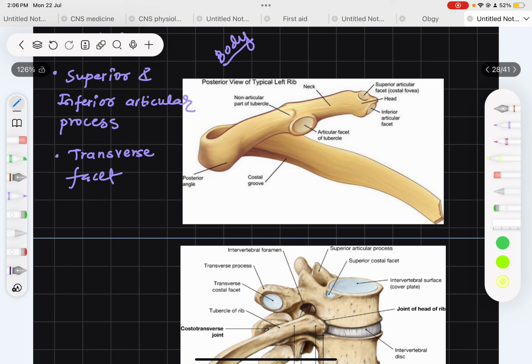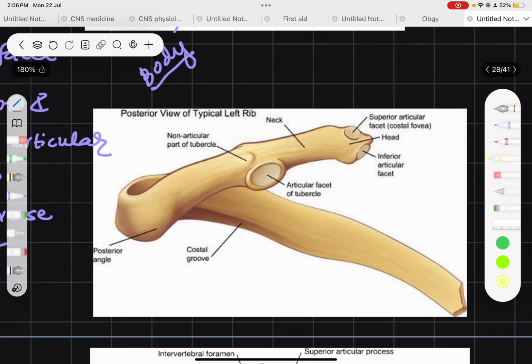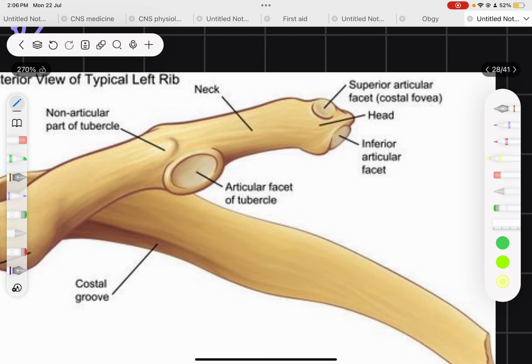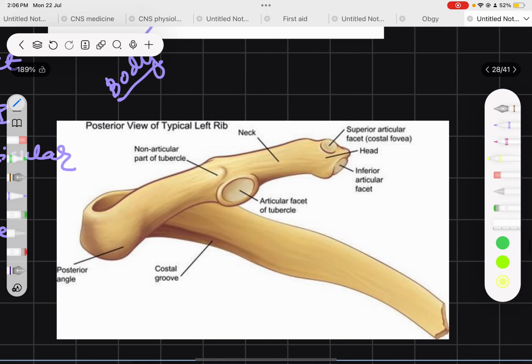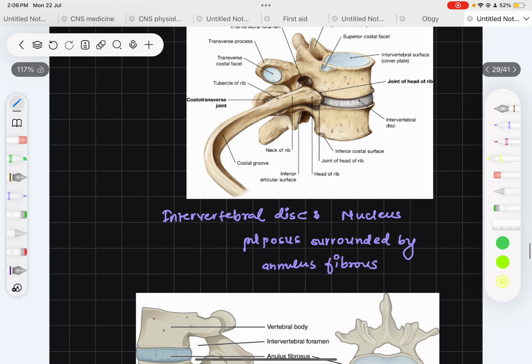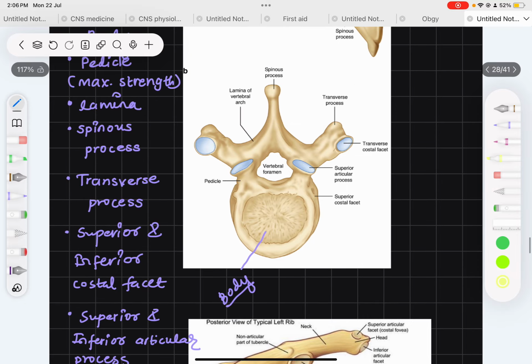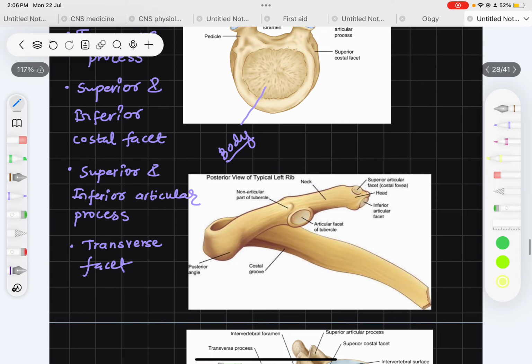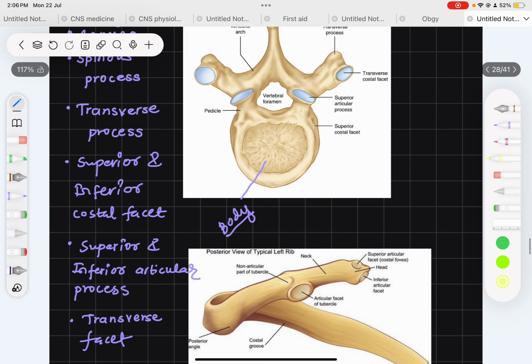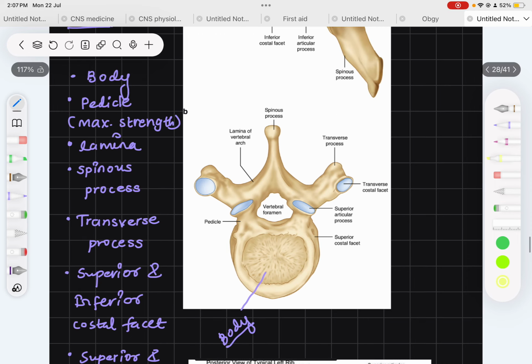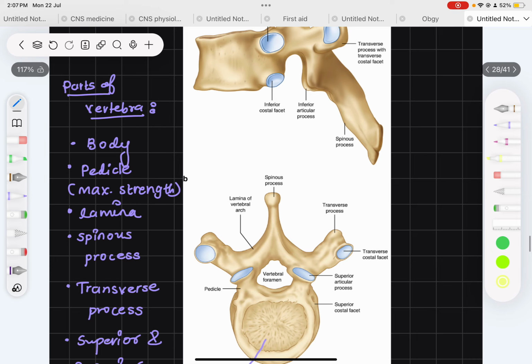As we can see, the transverse process will articulate with the articular facet of the tubercle, and the superior and inferior costal facets will articulate with the inferior articular facet and superior articular facet respectively. So this is the anatomy of the vertebra and how it articulates with the rib and the upper and lower vertebrae, helping in the formation of the rib cage and vertebral column.